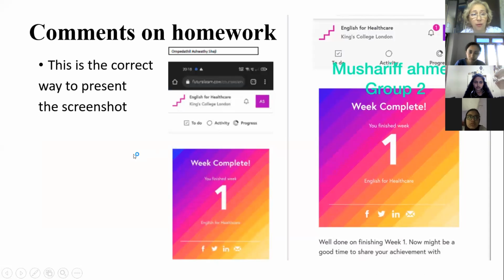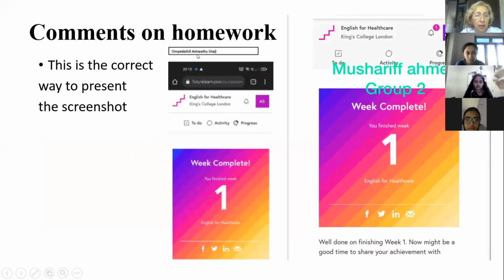This is the correct way to present the screenshot. And here the screenshot is given, and we can see the first letters A and S. And the name of the student is given separately, as a separate message or something else, and I can see the full name.